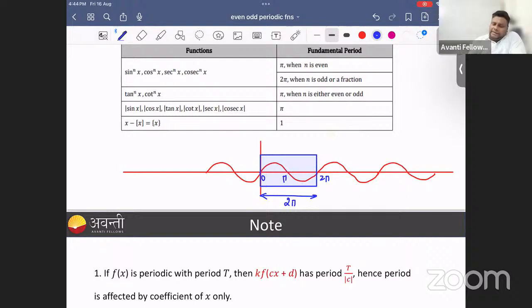Got it? I intentionally made f(x) equals sin x. So this is the period of the function sin x.